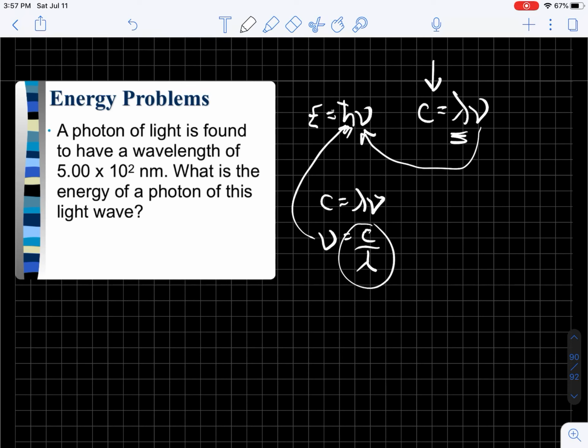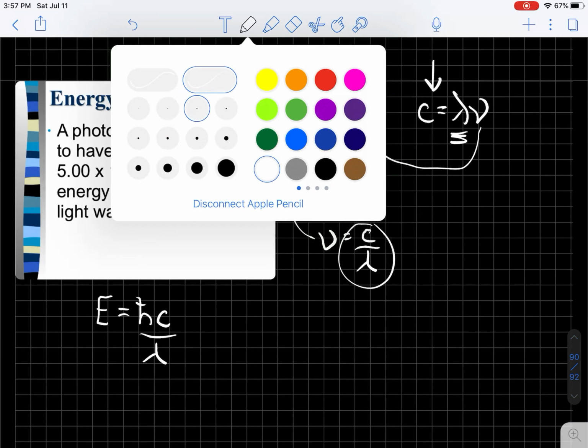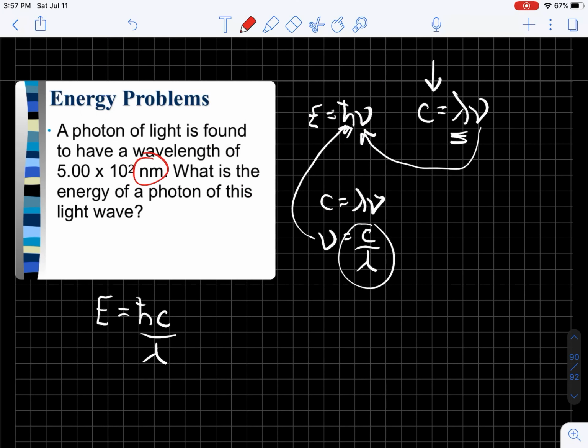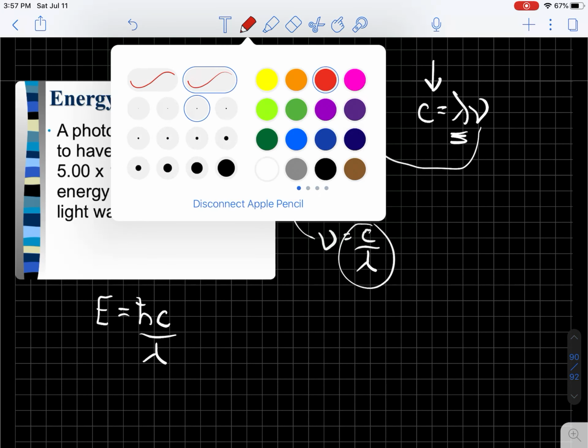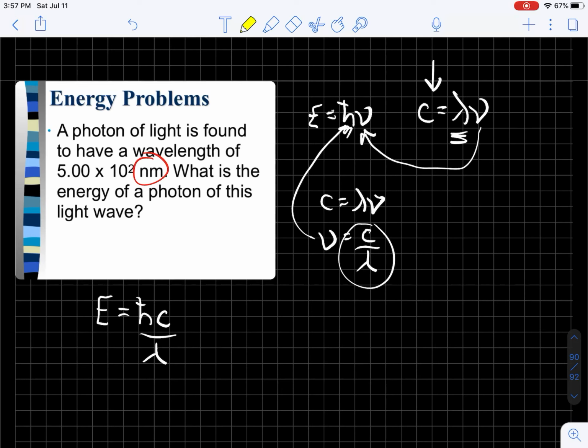We're going to solve this for frequency, since we don't have frequency. That's speed of light over wavelength. So now we can substitute that in for frequency in the first equation. So energy is equal to Planck's constant, I'm just going to say Planck, times speed of light over the wavelength. Now the problem is the speed of light is in meters per second, and look what they're giving you here.